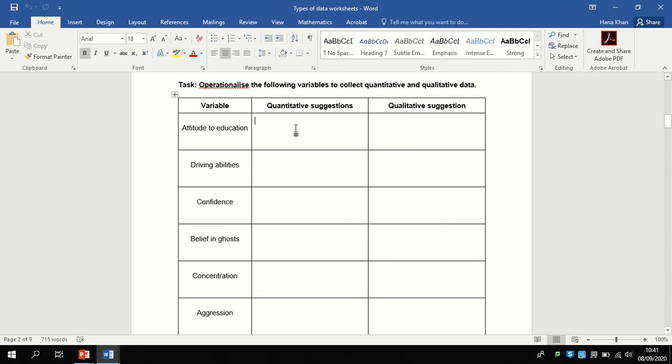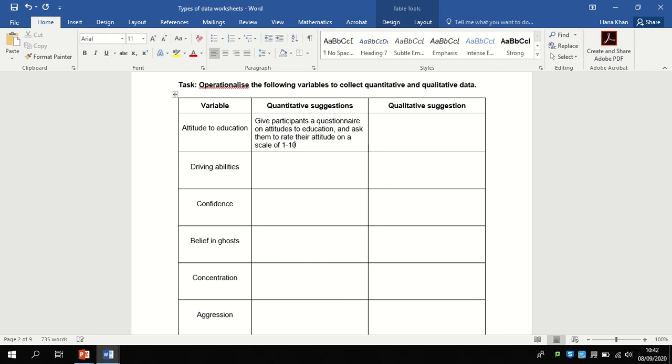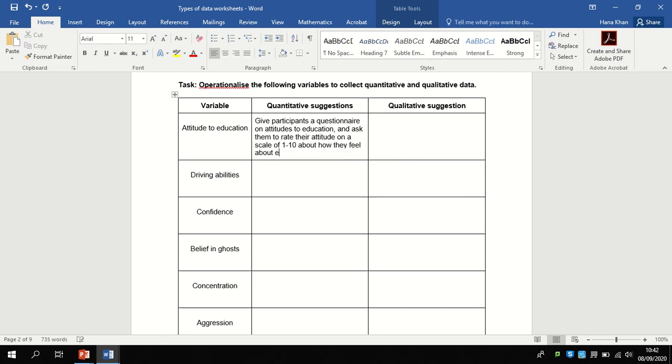and do the rest. So we've got attitude to education, a quantitative suggestion. How would you measure that? We could give participants a questionnaire on attitudes to education and ask them to rate their attitude on a scale of 1 to 10 about how they feel about different education related questions.